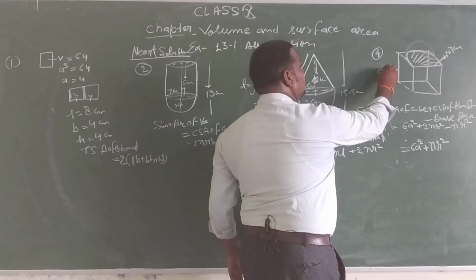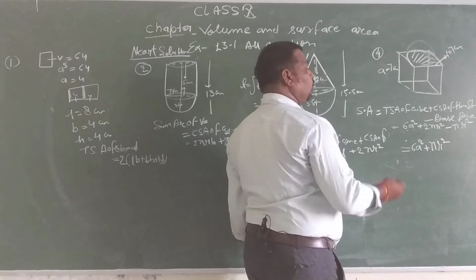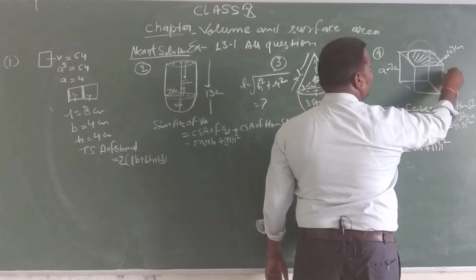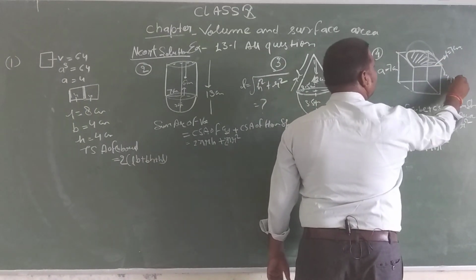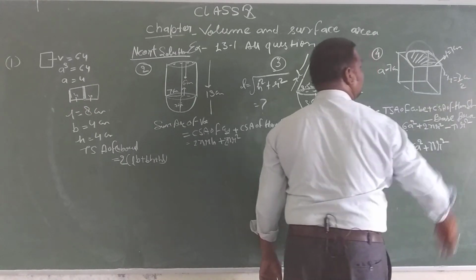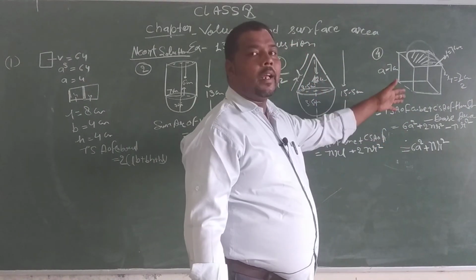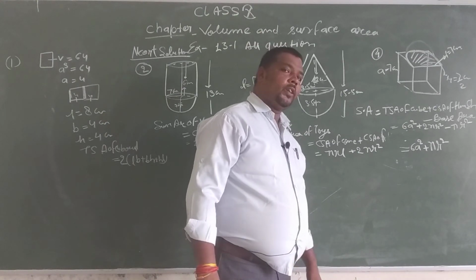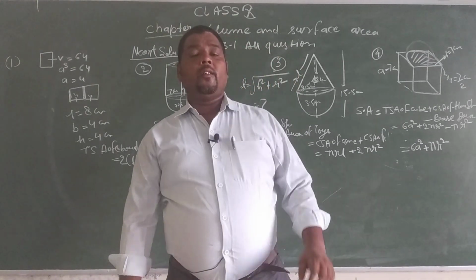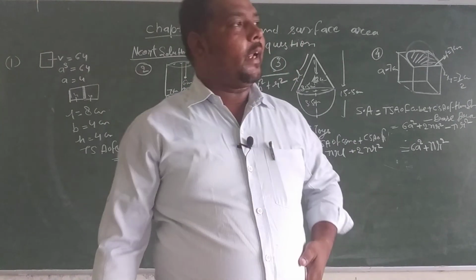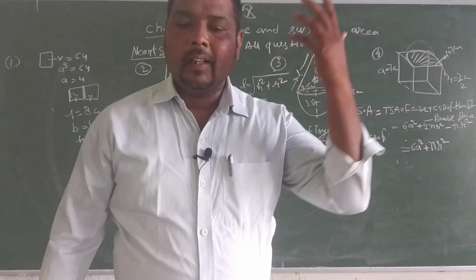Value of a is 7, and you know the radius? Yes, radius of this is 7 upon 2 cm. Put all values and find your solution. So students, today 4 questions all solved from your NCERT book. Now we start next question.